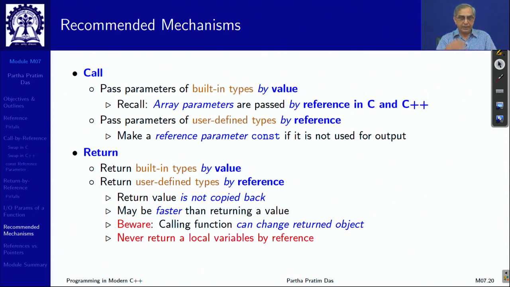The same thing happens in C++, but any parameter of user defined type, pass by reference, because you can avoid unnecessary copy of big objects, which is not possible if you pass by value. Similarly, for return, if you are returning built-in types, do it by value. If you are returning user defined types, do it by reference, and the value is not copied back, so it is faster. But remember that the caller can now change the returned object. So, you have to be careful about that, and never return, as I showed, any local variable by reference.